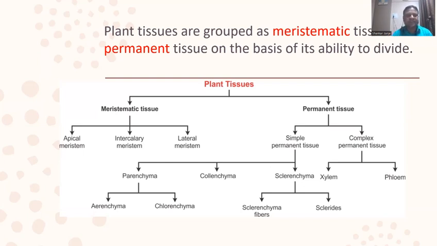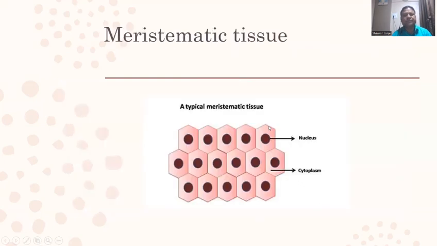The next part, in detail we learn meristematic tissue. See this structure, cells are present, earlier I had told you, at the apex of root and shoot. How is it? They are compactly packed, immature, unorganized mass of cells.